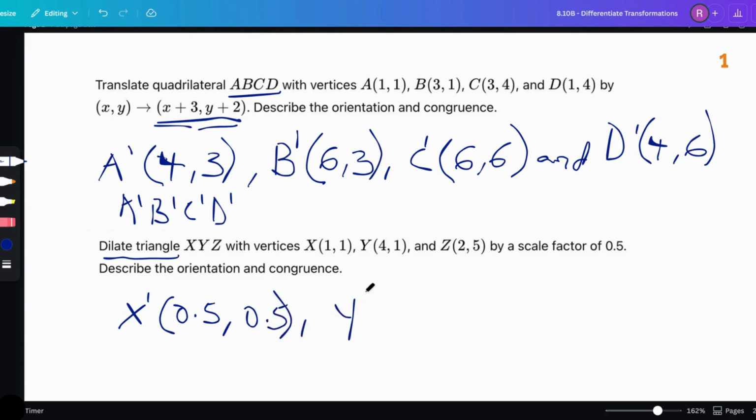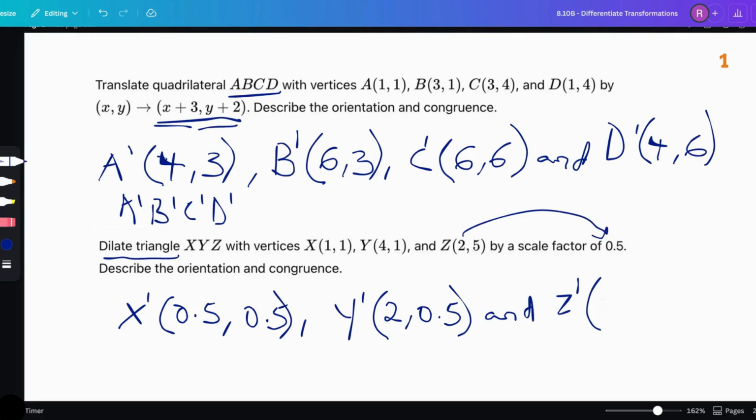Y prime will be 4 times half, that will be 2, comma, 1 times half, that will be 0.5. And Z prime will be 2 times half, which is 1, and then 5 times half will be 2.5, so comma 2.5.